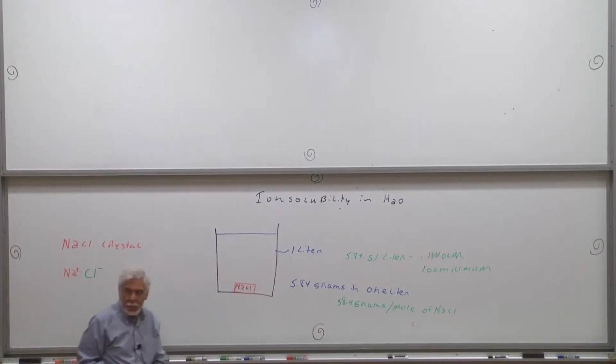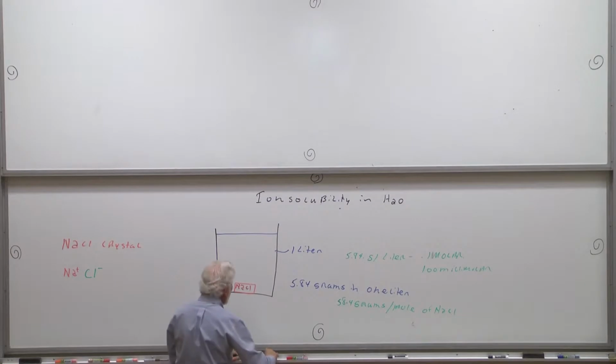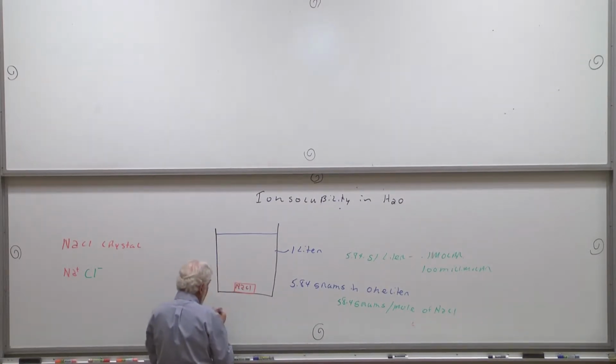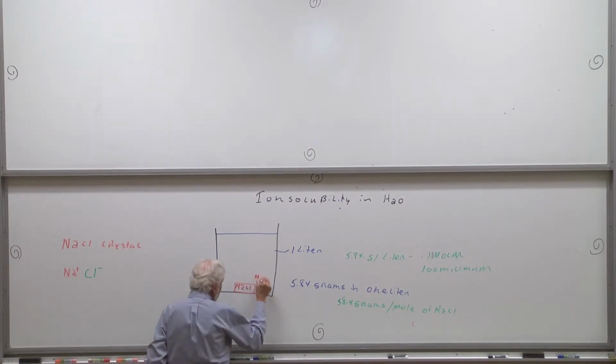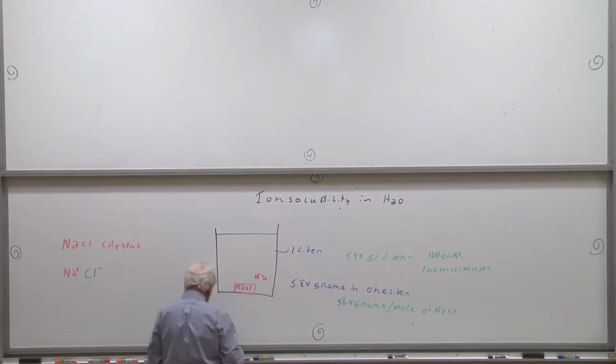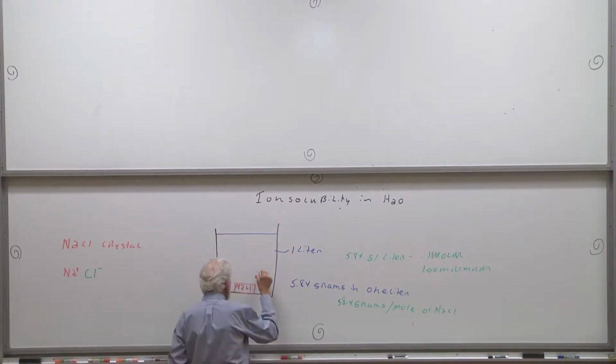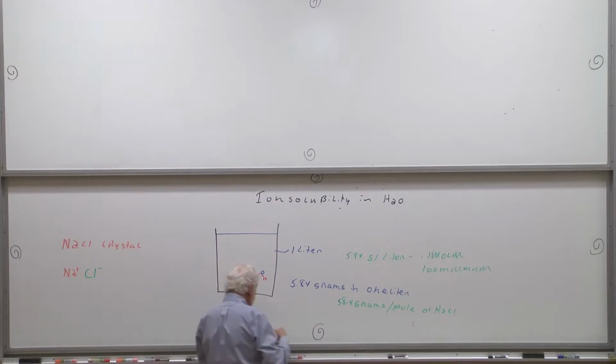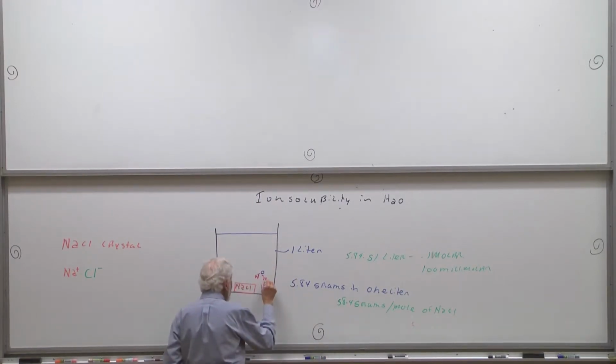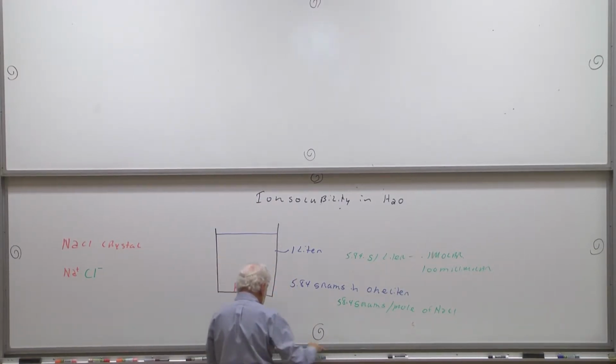Okay, well, how does that happen? Well, remember that as we were discussing before break, there are these water molecules in here. And the water molecules, again, have these partial charges.